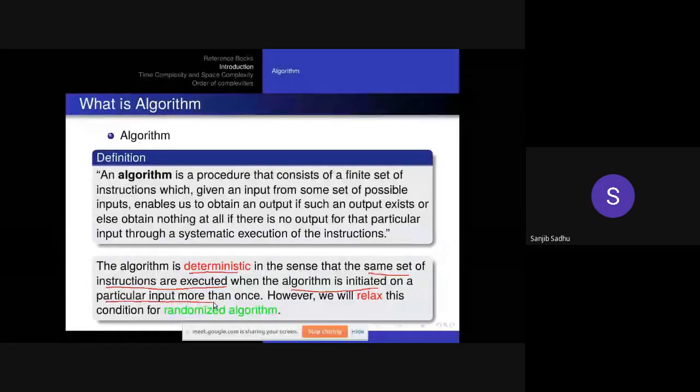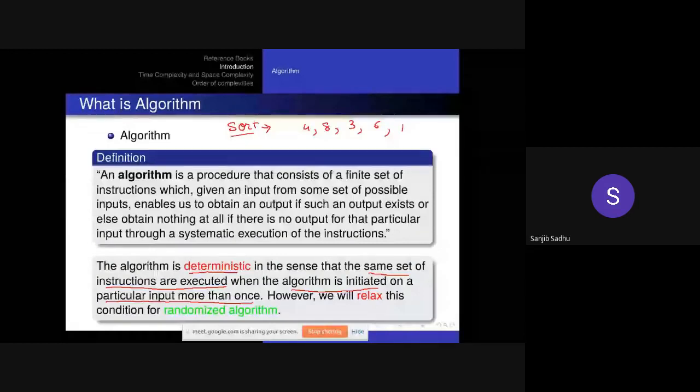What do you mean by this? Suppose you have been given elements, say 4, 8, 3, 6, 1, and you have been told to sort this using, say, a bubble sort. Now you can sort this. If you take this data and use the bubble sort every time, you will find that all the instructions executed on this input are the same every time.